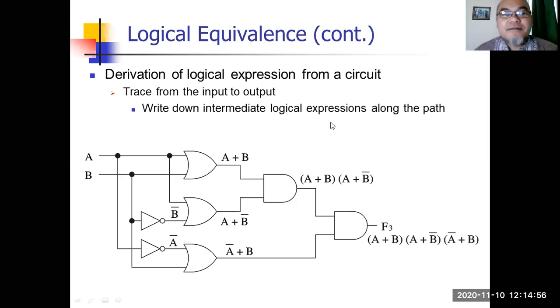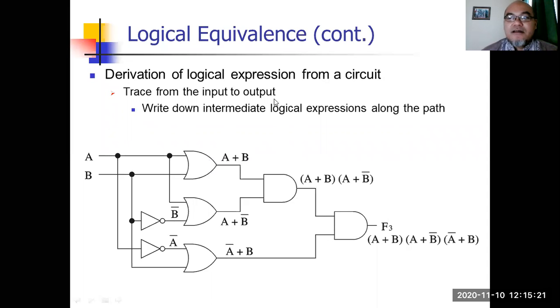So for example, here, derivation of logical expression from a circuit: trace from the input towards the output, then we write down intermediate logical expression along the path. So for example, here, this is basically the AND gate expression, right? And the previous slide. So here becomes A plus B, yeah, A or B, not plus, but this is logical Boolean algebra.